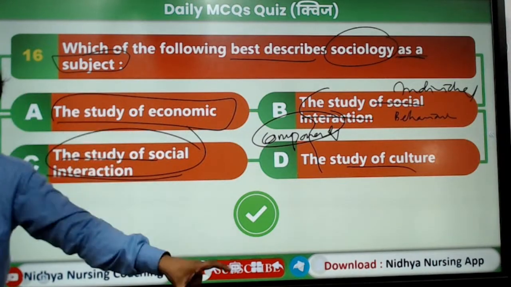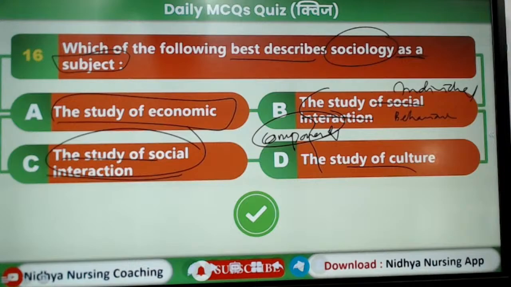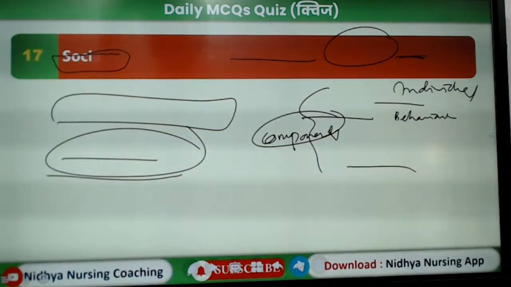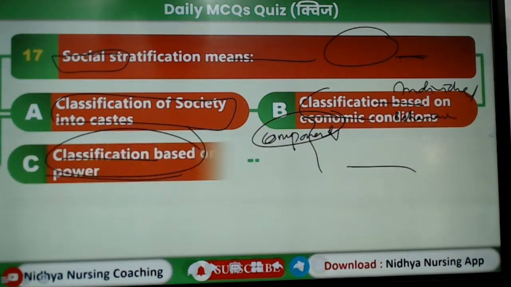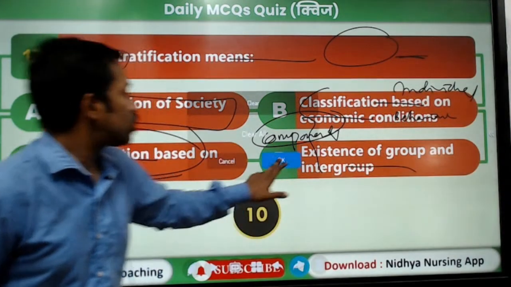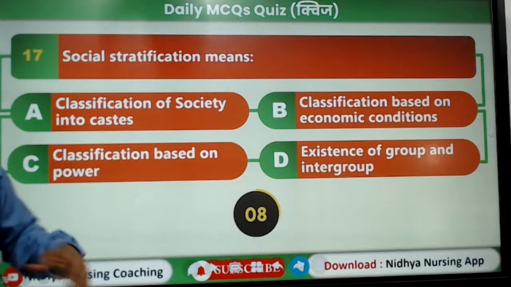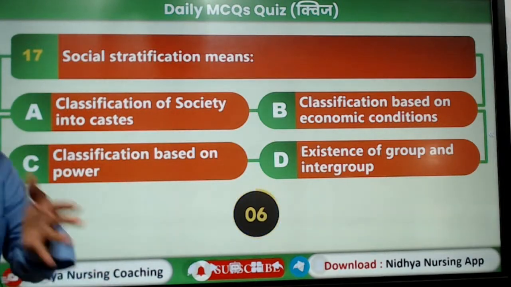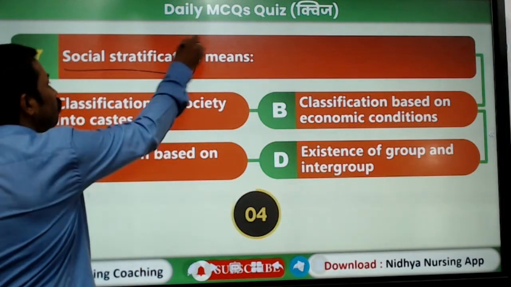Okay, fine. Next, social stratification. What do you mean by strata? Even in research you discussed it. Strata, stratification, means making into subgroups.